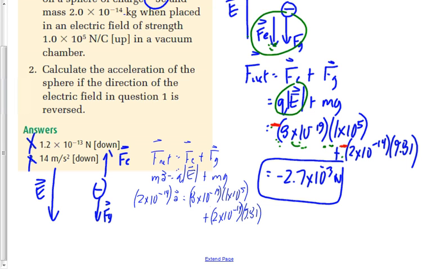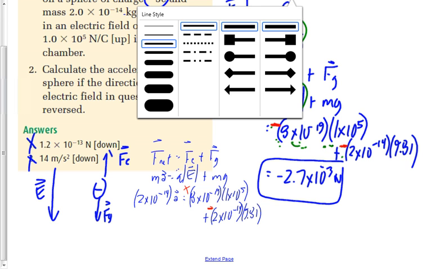Gravity is negative, right? So we're going to make it a negative value. It's downwards. What about the electric force in this question? It's positive because it's up. When we calculate that acceleration, I believe when we do the math, it works out to be 5.8, or negative 5.8. Is that right?